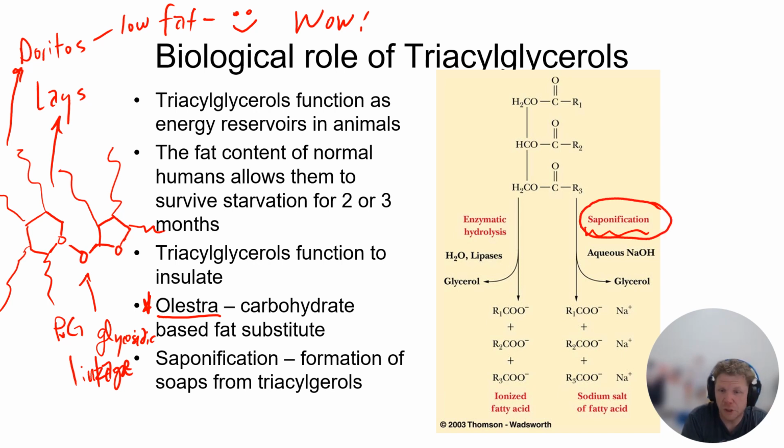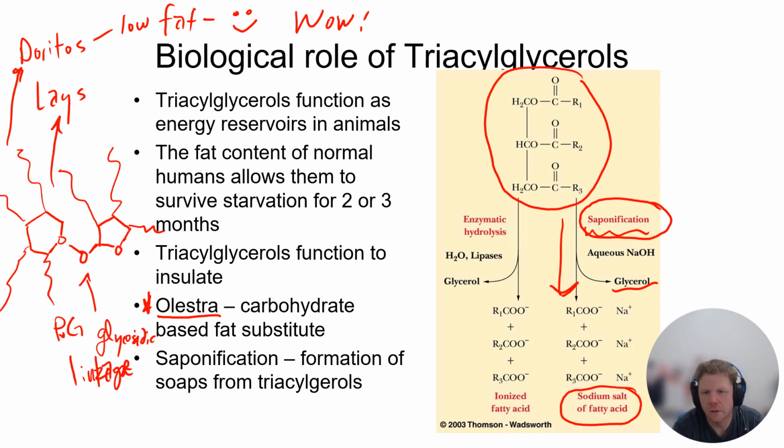Saponification is an industrial process of taking triacylglycerols or triglycerides and converting them into sodium salts of fatty acids. So you'd be able to release glycerol and you'd be able to make these sodium salts of fatty acids.